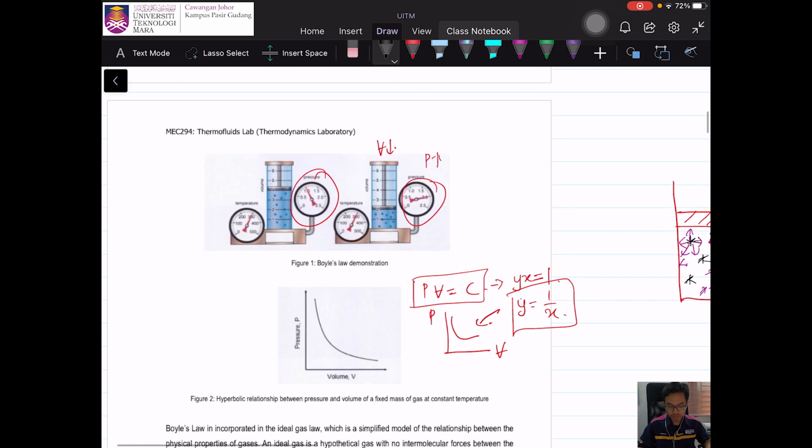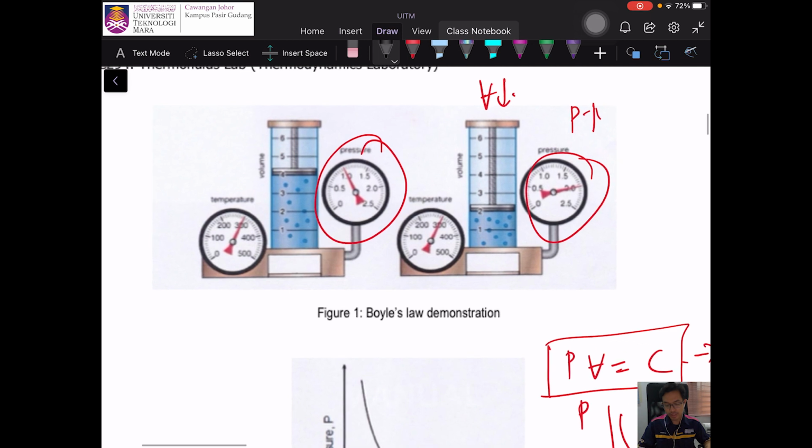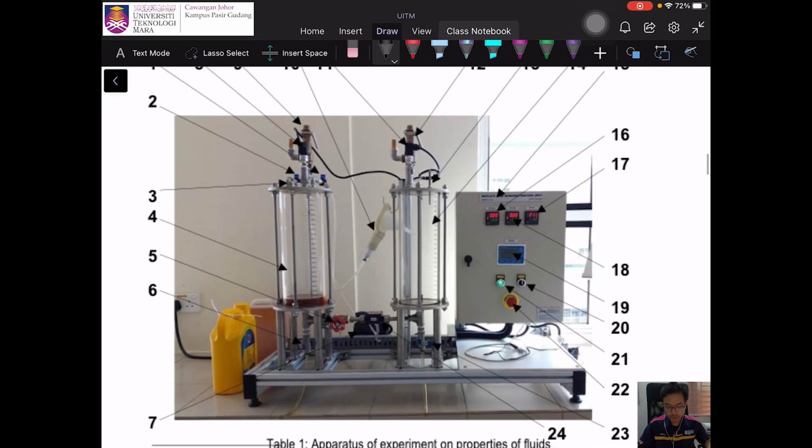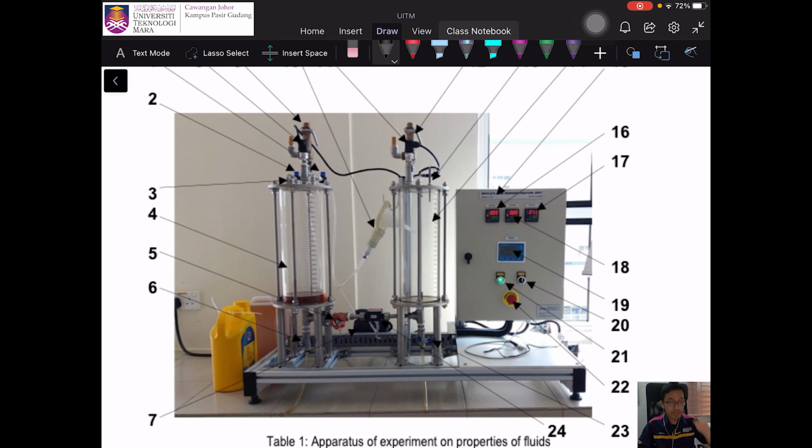For example, the example that I explained just now uses the piston cylinder device, but the equipment in your laboratory does not use the piston cylinder device. Instead, it uses a measuring cylinder. Okay, so there are two cylinders here.